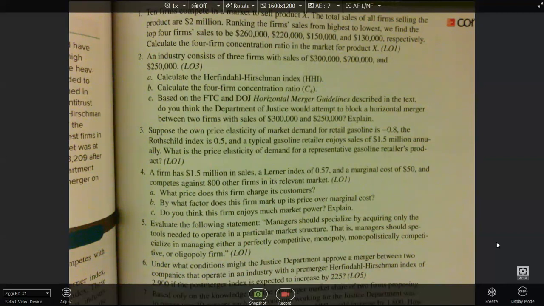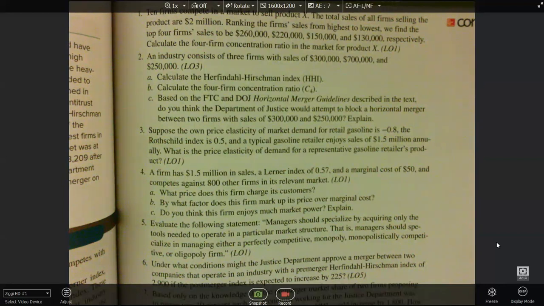So what is the HHI? What's the post-merger HHI under the guidelines? And then what's the recommended amount of HHI increase?